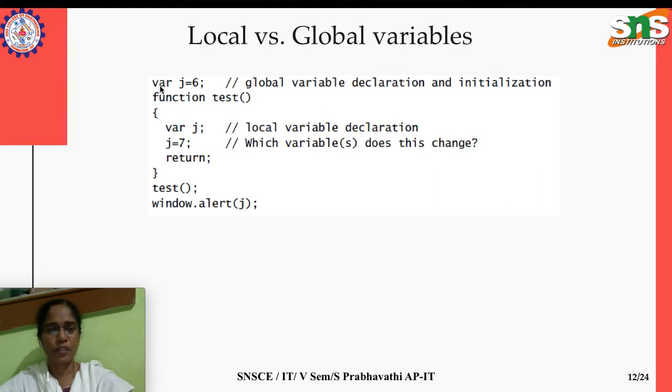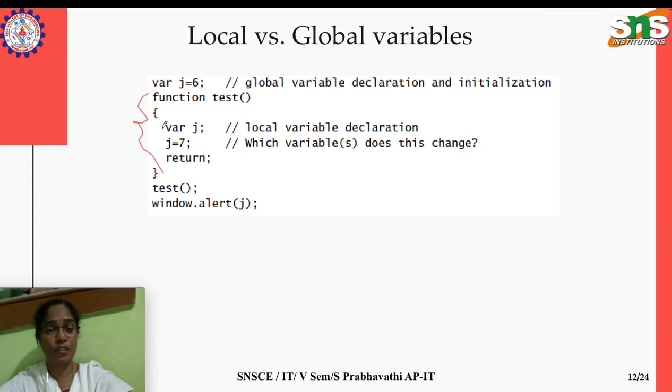Here variable j is equal to 6, we are defining it outside the function. Here is the function declaration. Before that we are declaring a variable that we call a global variable, and inside we are repeating the same. See here, variable j, is it not the same variable? Now its scope is limited to this block alone, within the function definition.